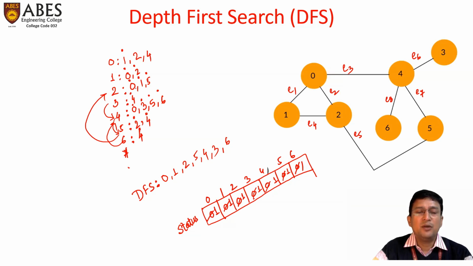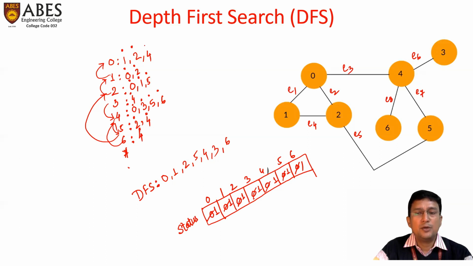Every connection from 2 has got visited: 0, 1 and 5. So I'll backtrack to the vertex which called 2. That is 1. And every connection from 1, meaning 0 and 2, has got visited. So I will backtrack to the vertex which called 1. That is 0. From 0 we have seen connection 1. Now we'll see the connection 2.